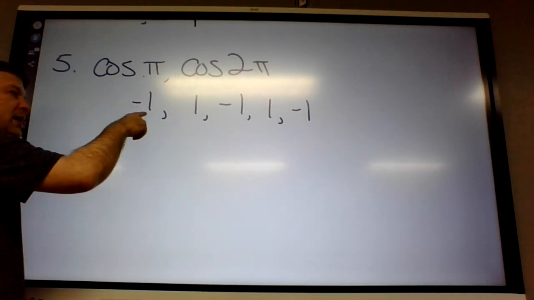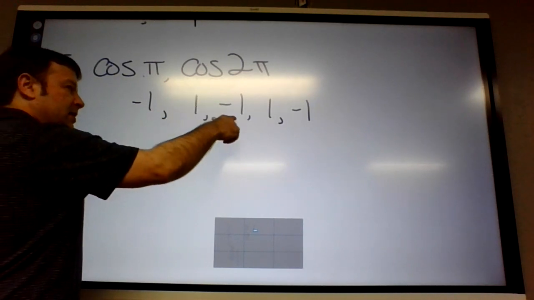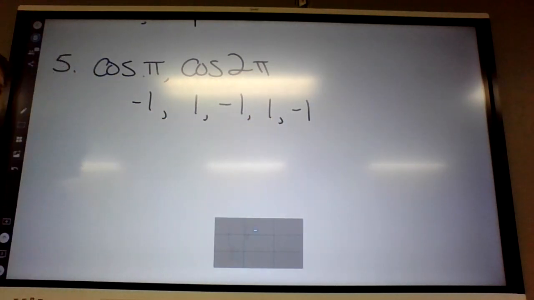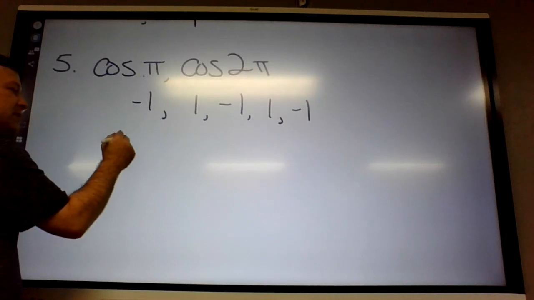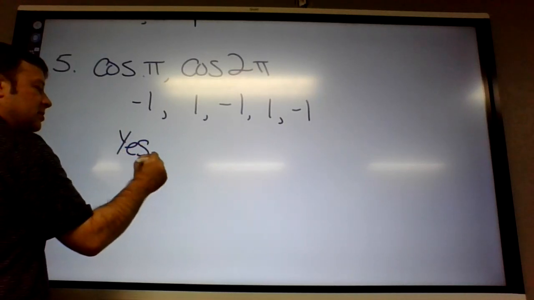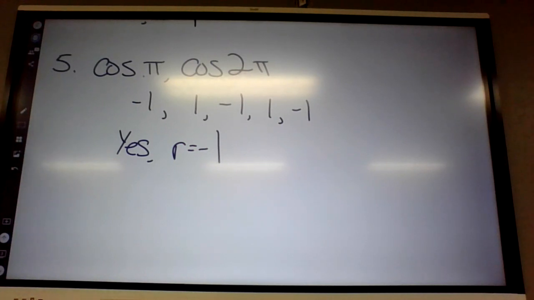Is there a common multiplier that would get us from there to there to there? What could we multiply by to get from -1 to 1? -1. So yes, this is geometric, and the common ratio is -1.